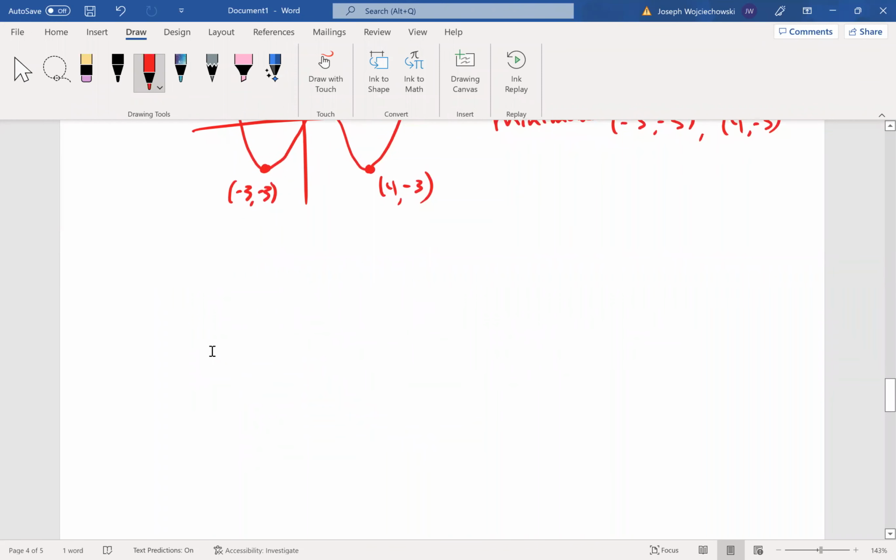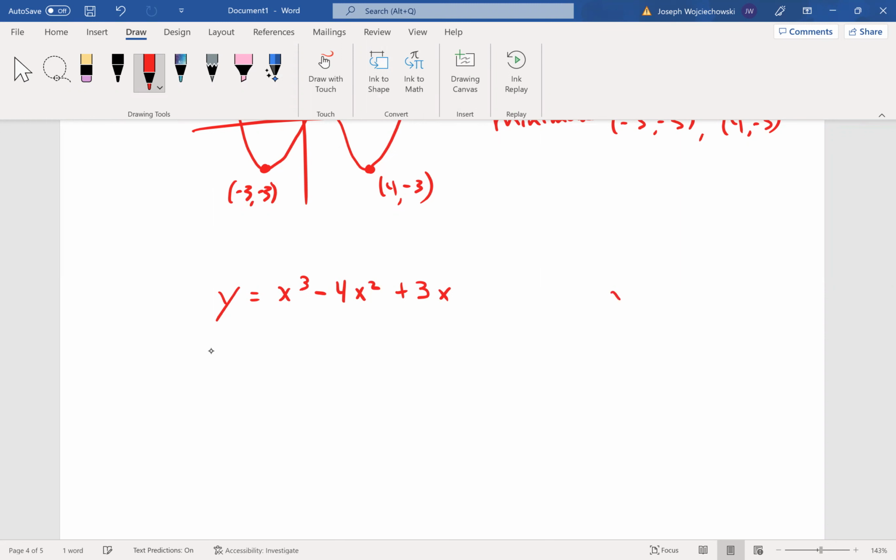So let's look at y equals x cubed minus 4x squared plus 3x. So we're going to put this in our calculator.